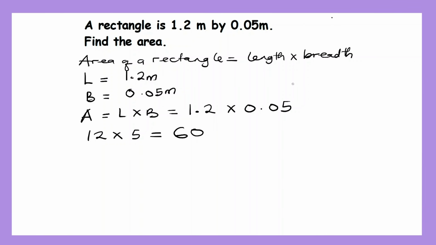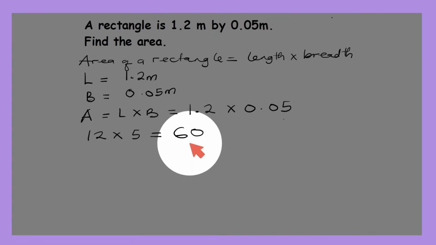This certainly will give you 60. Next is to count the number of decimal places. Here is 1 decimal place plus here is 2 decimal places. Total number of decimal places is 3. But you will notice that we only have a 2-digit number. 60 is a 2-digit number, whereas we are having 3 decimal places. So what do we do?